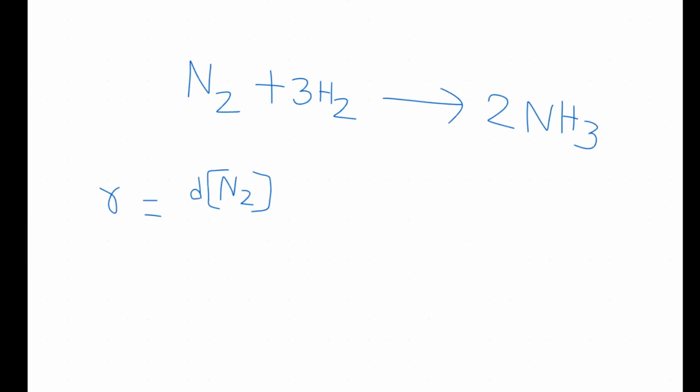With respect to what, ma? Change in concentration of N2 with respect to change in time, and I am putting negative symbol here. Why am I putting negative symbol here? Decrease in concentration. N2 concentration is decreasing, correct or not?